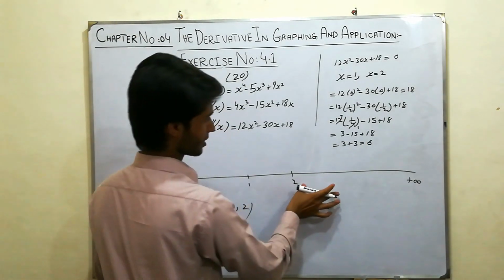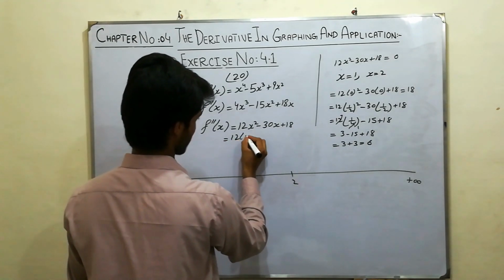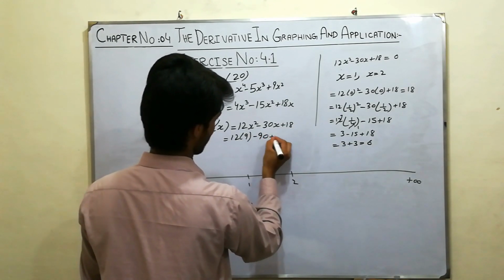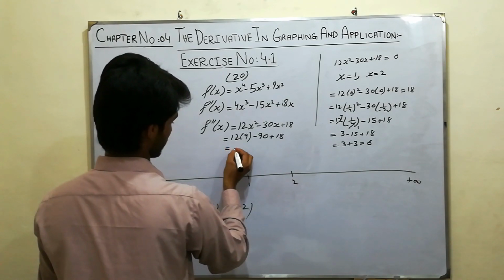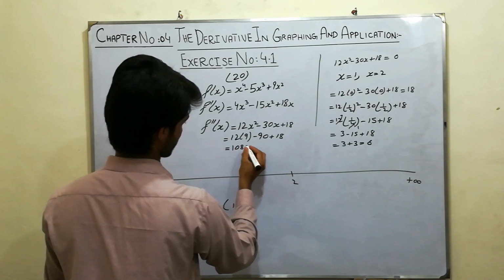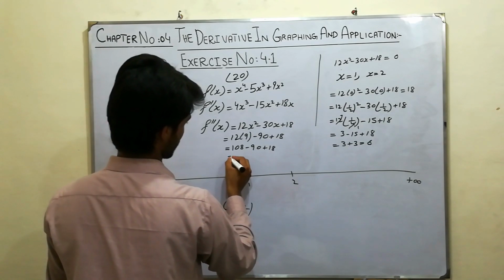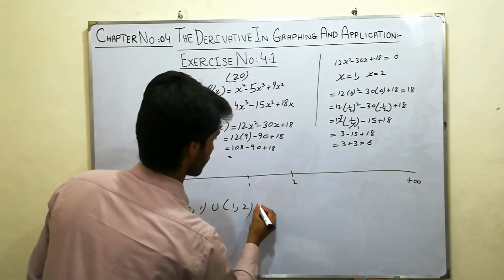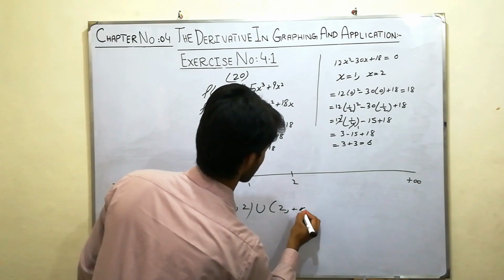If we put a value greater than 2, let's suppose 3 in the function, we also have a positive value, it means the function is also concave up from 2 to plus infinity.